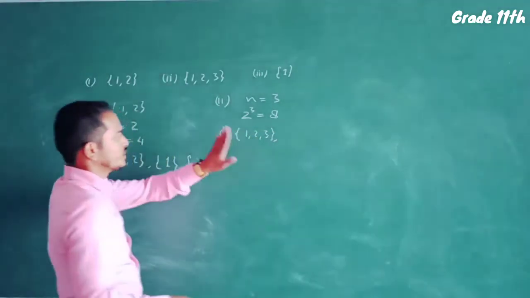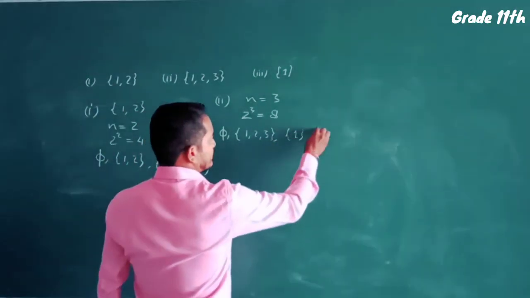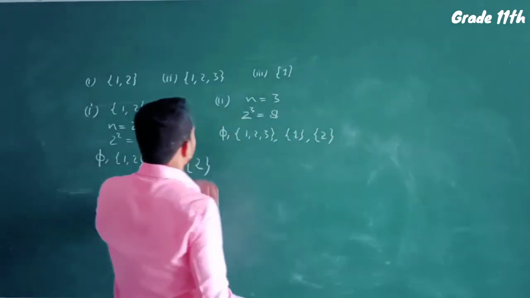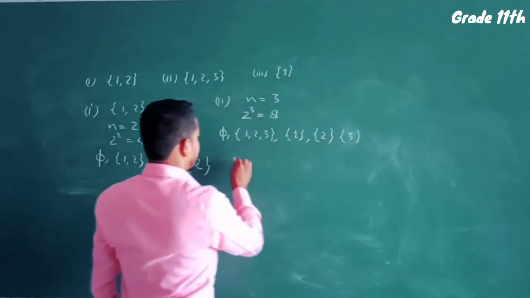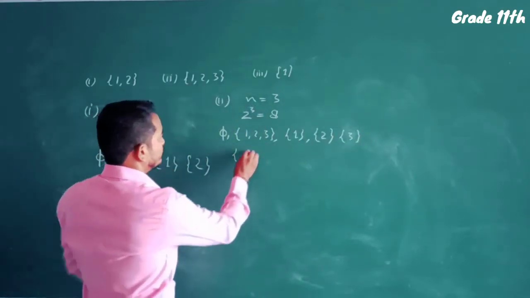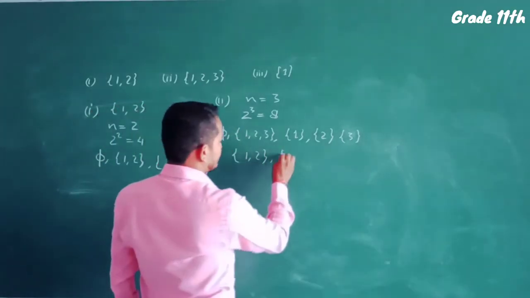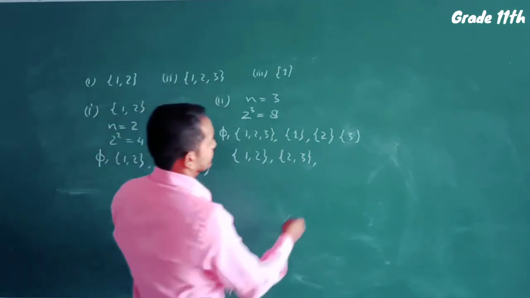We have 2 subsets. Now the third subset is {1}. The fourth subset is {2}. The fifth subset is {3}. The next subset is {1, 2}. The next subset is {2, 3}. The next subset is {1, 3}.